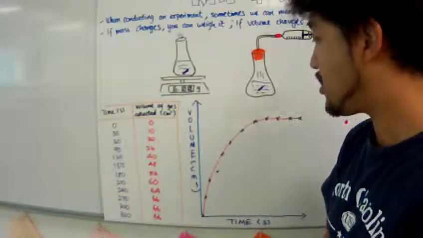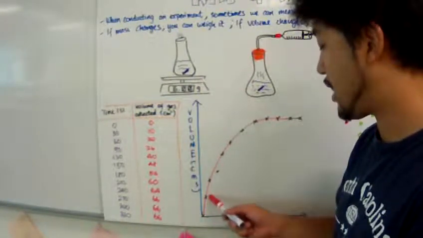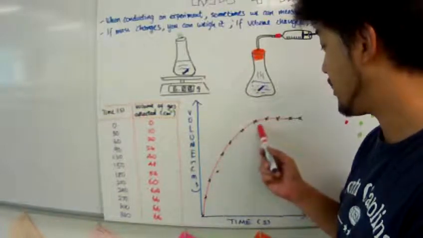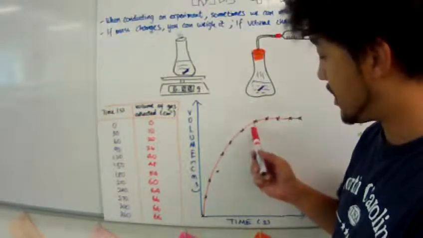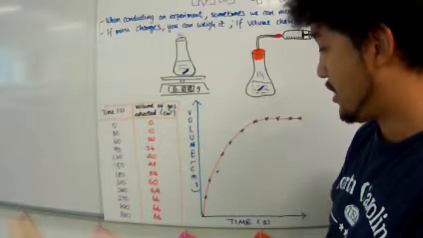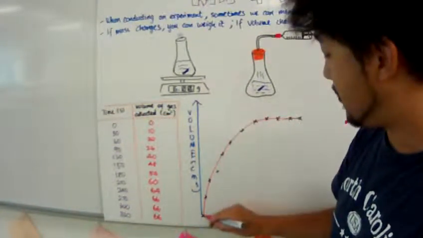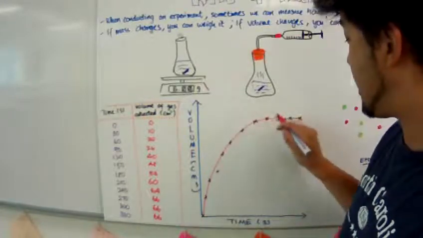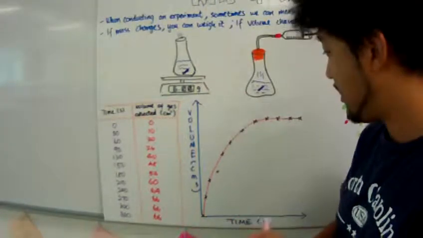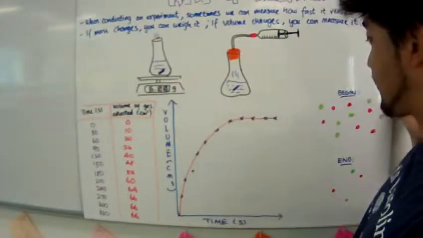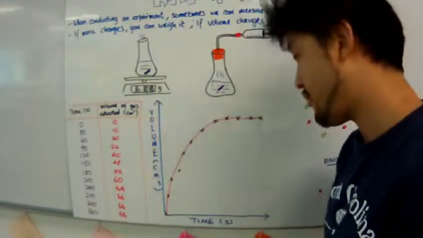Alright? And what you're going to do is plot it onto a graph as indicated by the X mark. And then you're going to draw a best fit curve line from 0 all the way to the end. And what can you see from this graph?